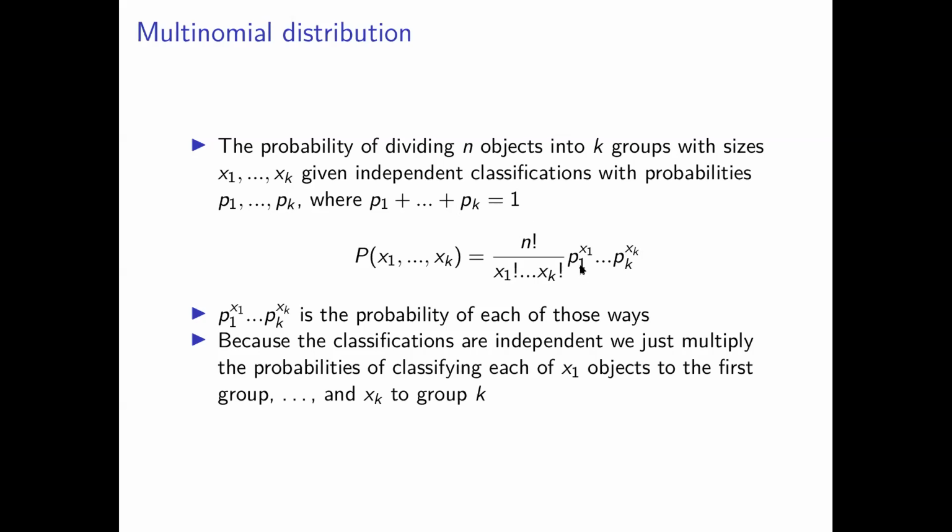And again, because the classifications are independent, you're just multiplying the corresponding probability by the number of times that you've classified an object into that corresponding group. So you have p sub 1 to the power of x sub 1 all the way up to p sub k to the power of x sub k.